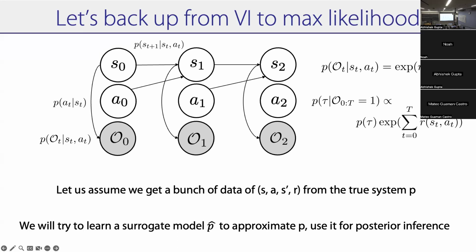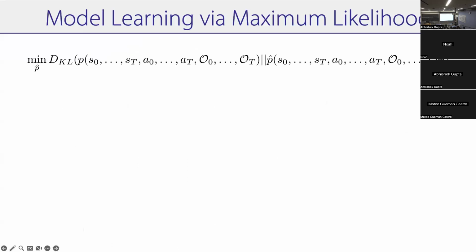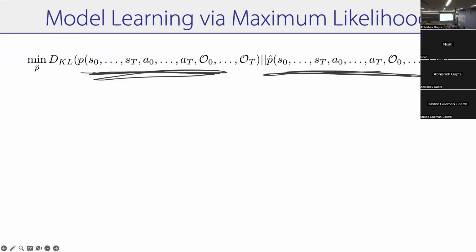The only difference is that for the true one you don't know the probability distribution for transition dynamics and so on, whereas in ours we will. We're just trying to make these clones as close to each other as possible. So we do maximum likelihood, which is the same as minimizing KL divergence, minimizing the divergence between P and P hat. P hat is our model, P is the true environment.